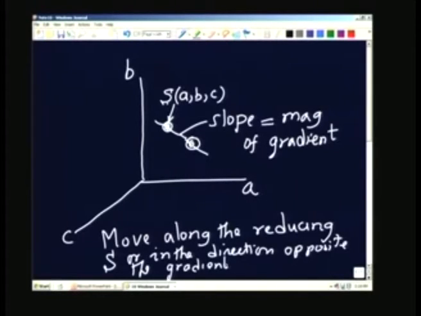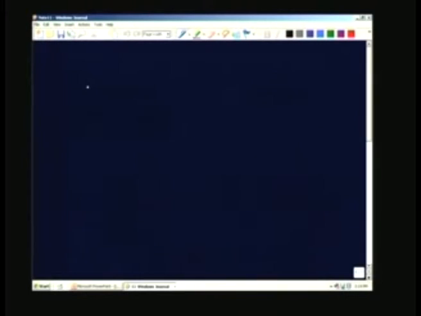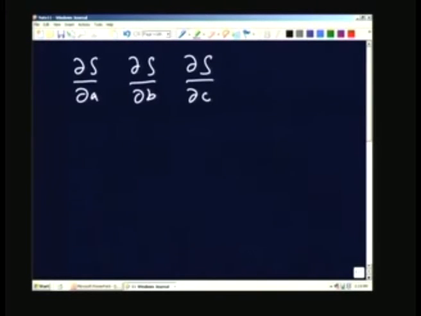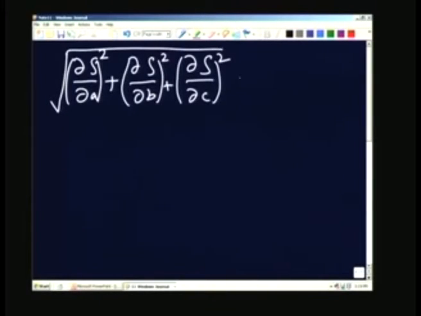So, let me explain by showing what is being done. We have already calculated the 3 components. Of course, if there is a problem with more parameters, there will be more of these. I can calculate the sum of the squares of these 3 and take the square root. This is actually the magnitude.